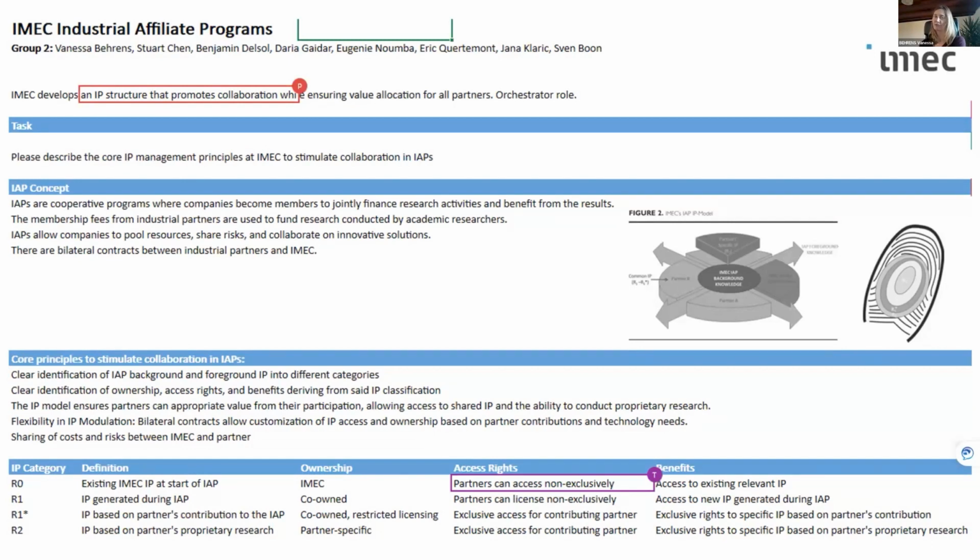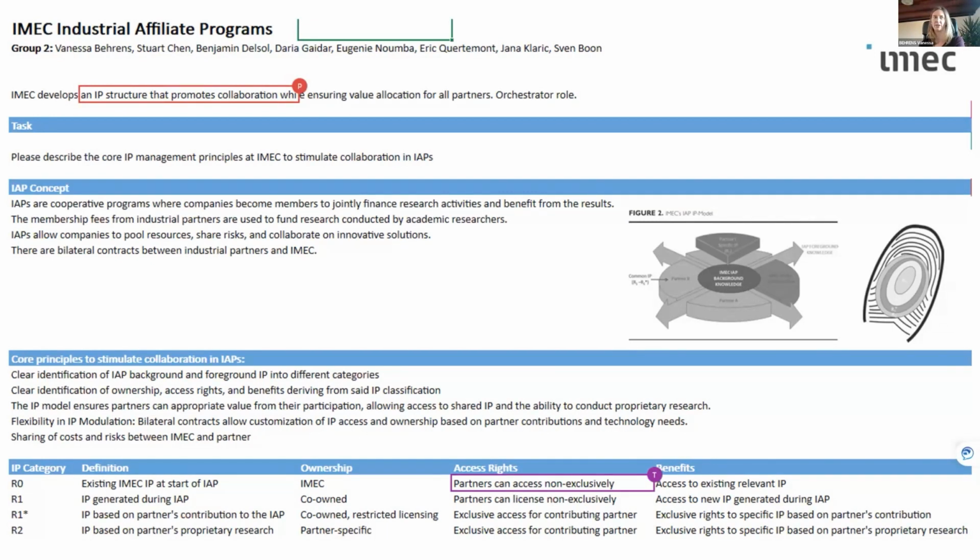So bilateral contracts between companies allow them to customize IP access and ownership based on their specific technological needs and partner contributions. And then they can share the costs and the risks between IMEC and partners.